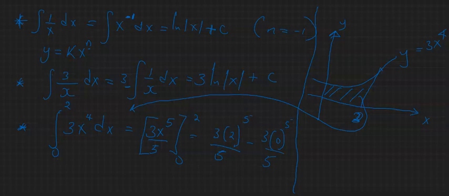And of course, the second part will reduce to 0. And so this one will be the same as 2 raised to power 5, that is 32. So we shall have 3 times 32, 96 over 5.